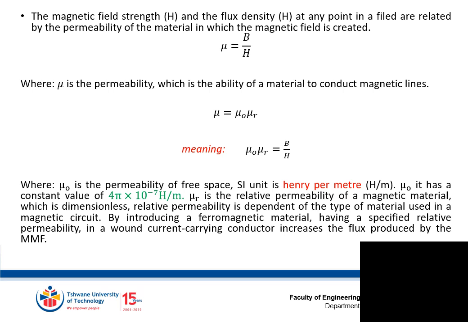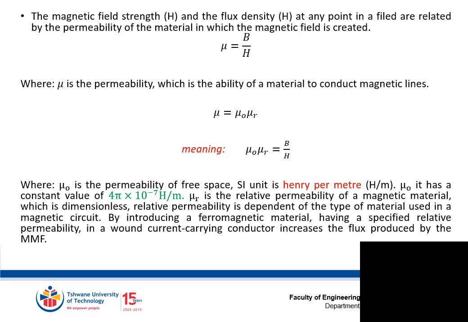B over H, where mu naught is the permeability of free space, whose SI unit is henry per meter. Mu naught has a constant value of 4π times 10 to the power minus 7 henries per meter. Mu r is the relative permeability of a magnetic material, which is dimensionless.